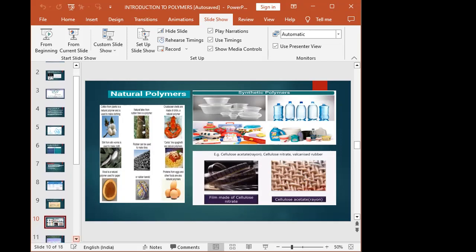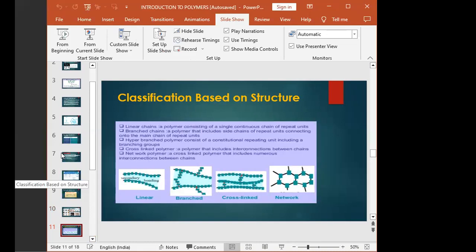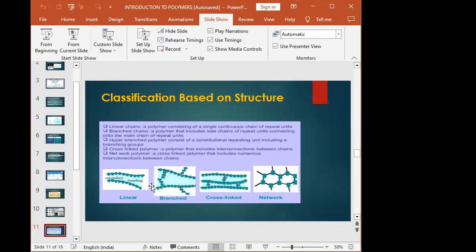Now coming to the next slide, which is classification based on structure. In this classification, we have four different kinds of polymers. First we have linear polymer, then branched polymer, the third is cross-linked polymer, and the fourth one is network polymer.